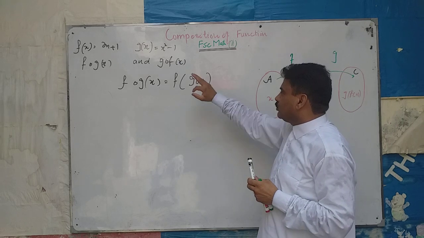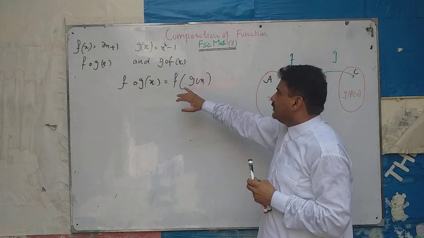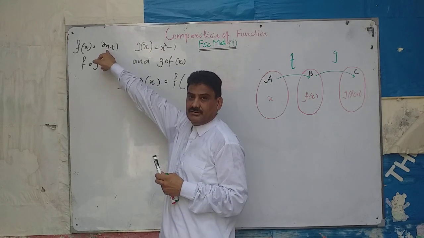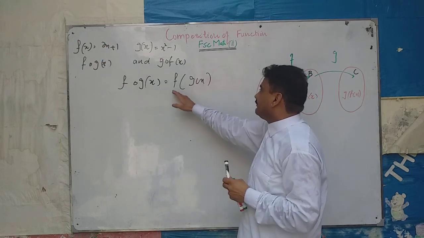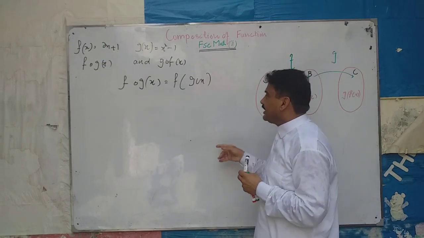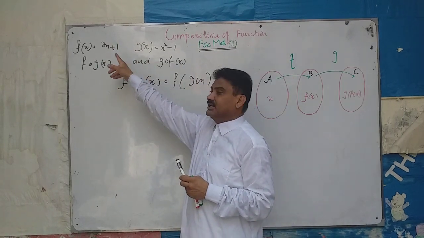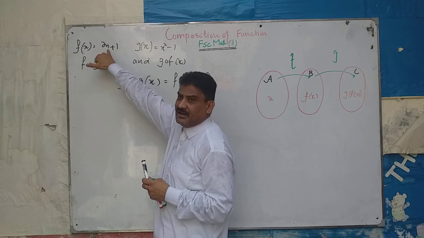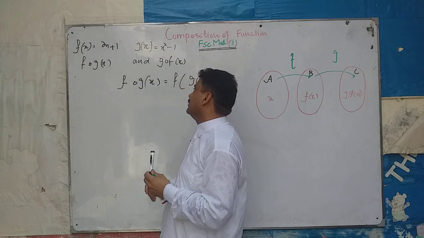To calculate f of g of x, we just replace x by g of x in function f. Here is the function f of x. We just replace here x by g of x.